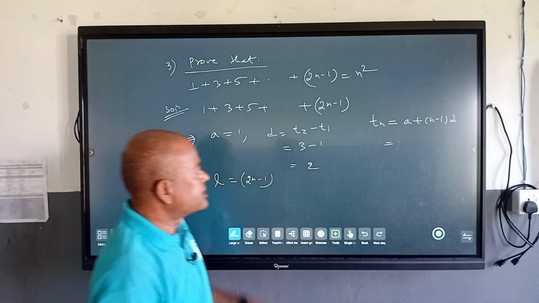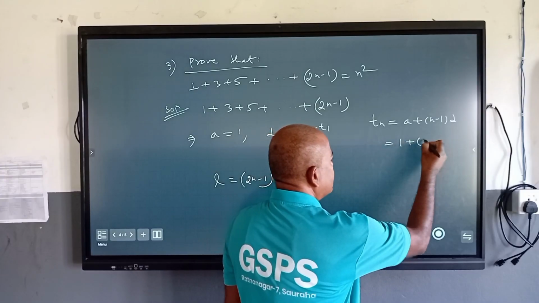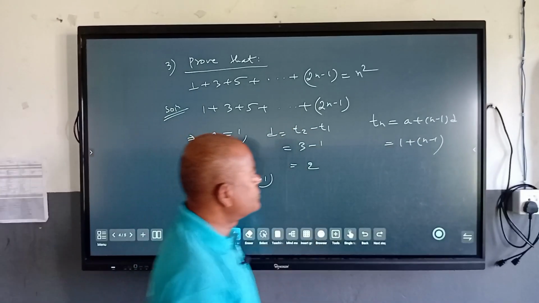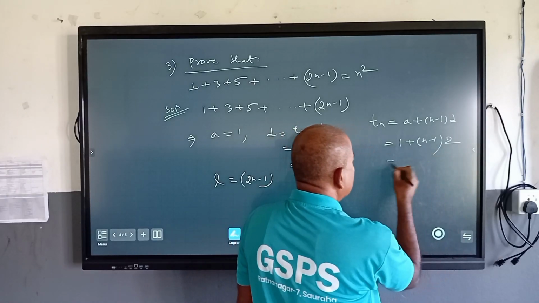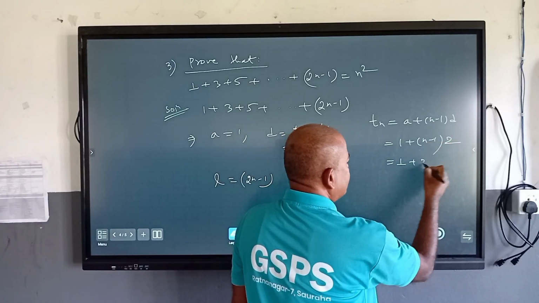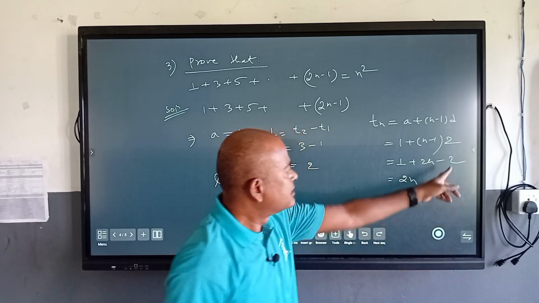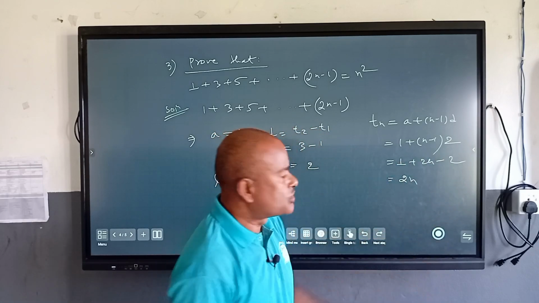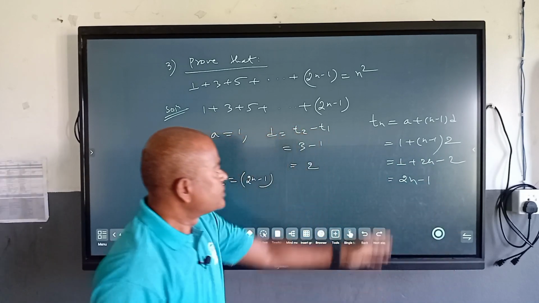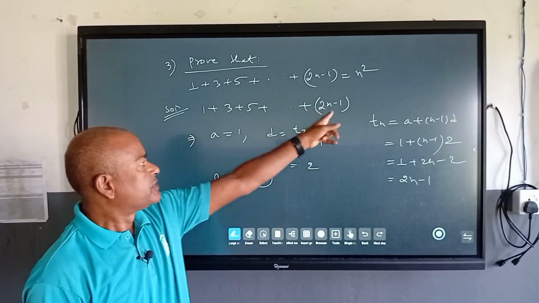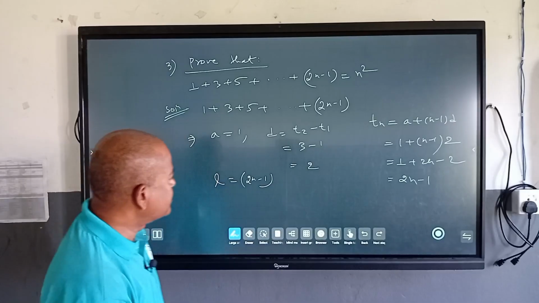So a, the first term, is 1, plus n minus 1, times d, the common difference we have found, 2. Now 2 times n, we get 2n, and 2 ones are 2. 2n plus 1 minus 2, we get minus 1. So Tn means 2n minus 1. That means the last term of the given series is 2n minus 1.